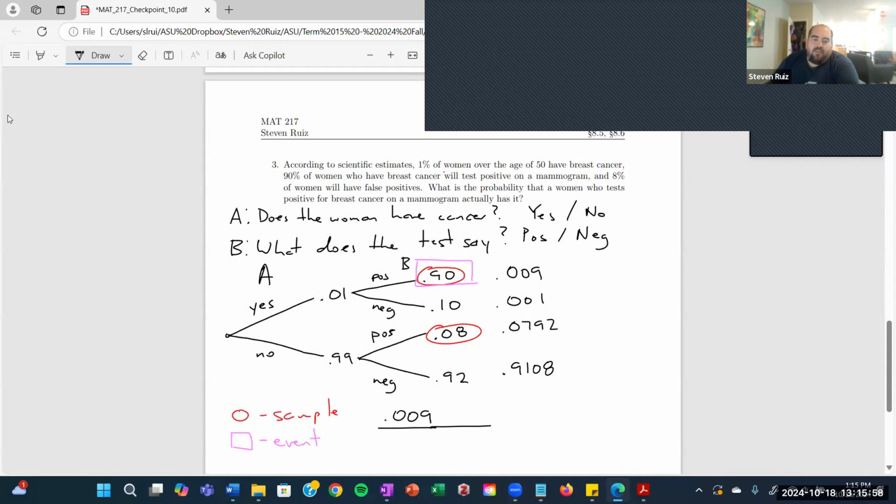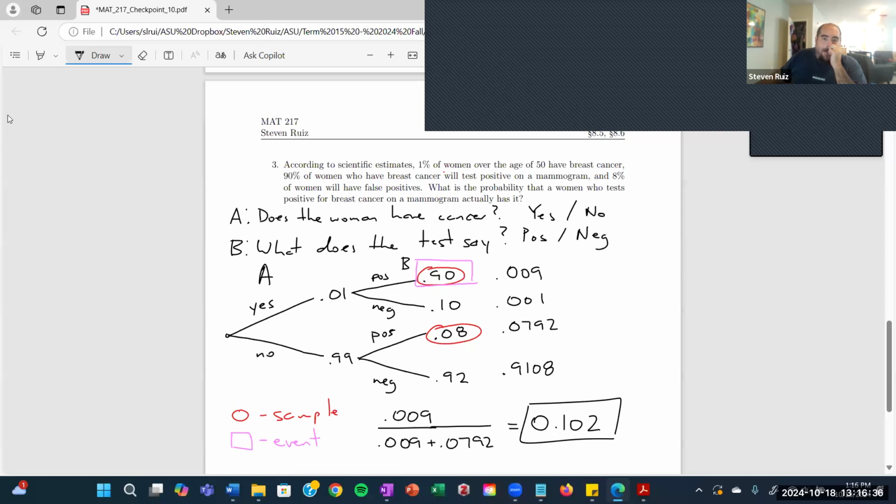The sample has a probability of 0.009 plus 0.0792. And I get a final result of 0.102. So let's remind ourselves, what did we actually answer?